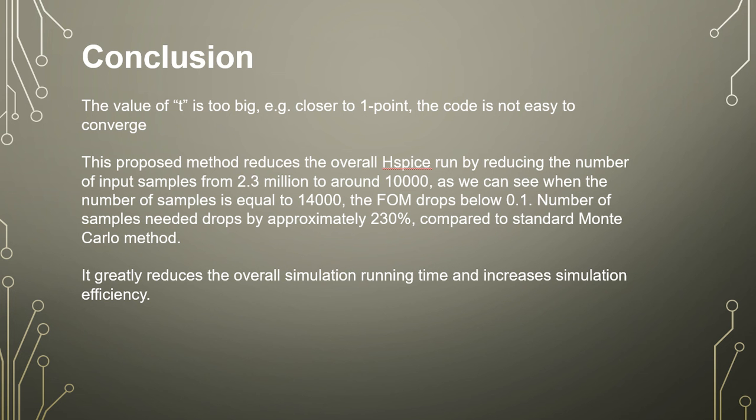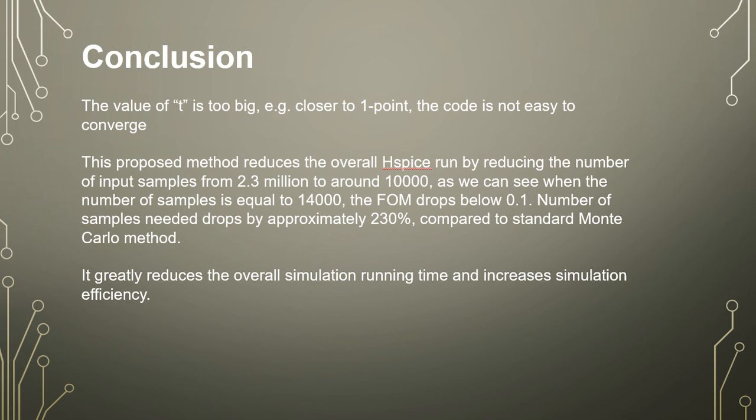The reason is that if t is very close to tc, where tc is the failure region as proposed in the paper, the indicator function I might not succeed as often as when t is equal to 99%. Since we have fewer successful samples, this algorithm might need more input samples to converge.